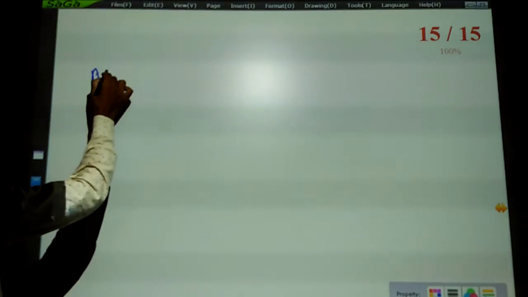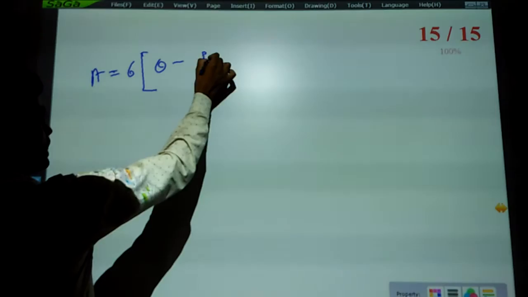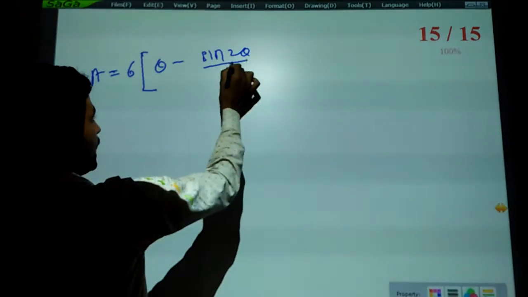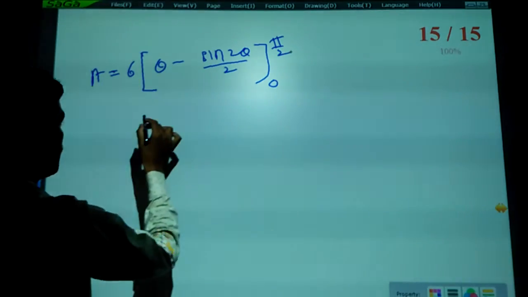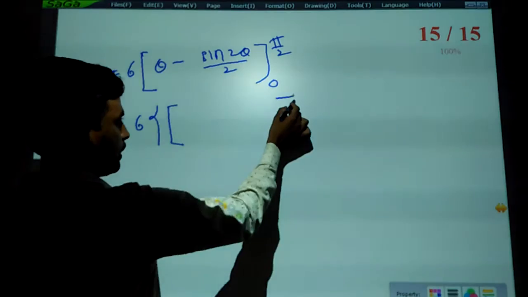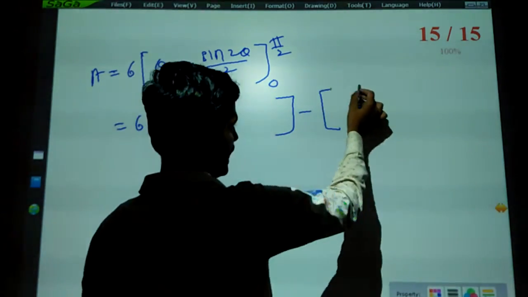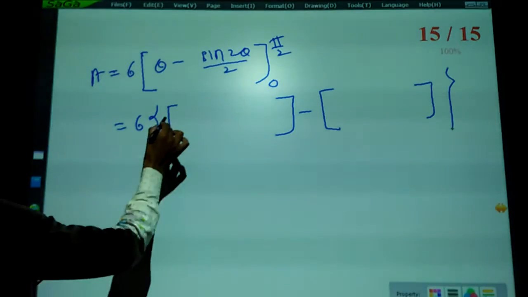So area is equal to 6 theta minus sin 2 theta by 2, lower limit 0, upper limit pi by 2. So this 6 as it is, curly bracket, 1 bracket for upper limit minus 1 bracket for lower limit. What is the upper limit?